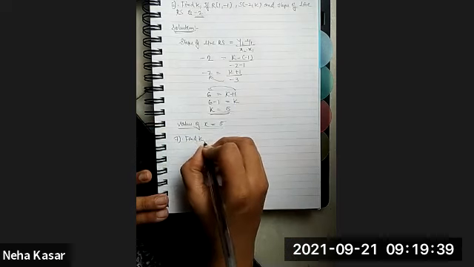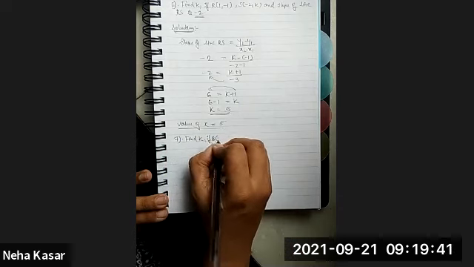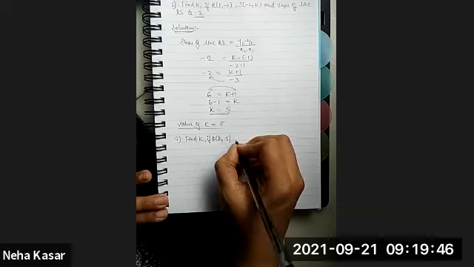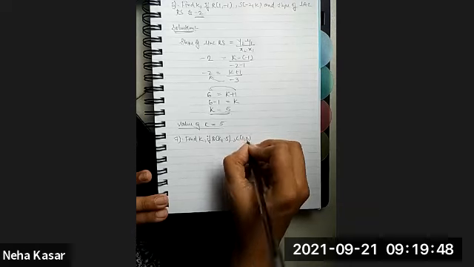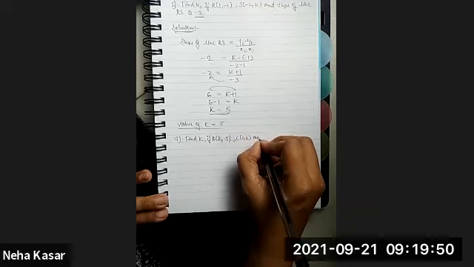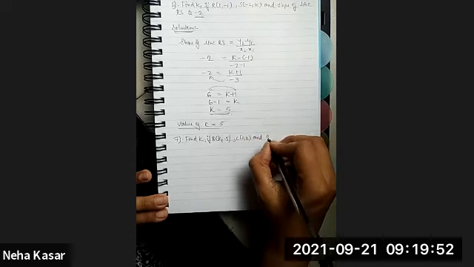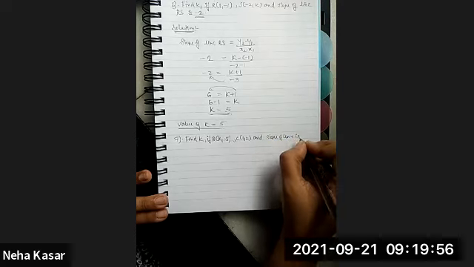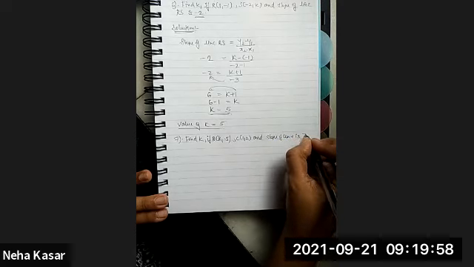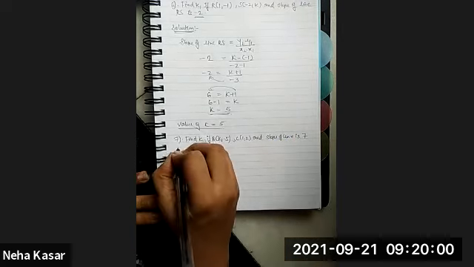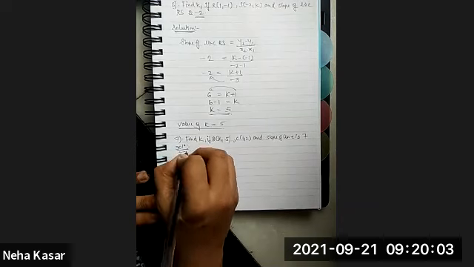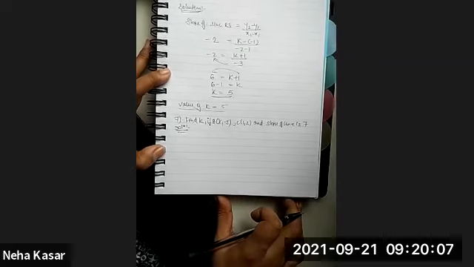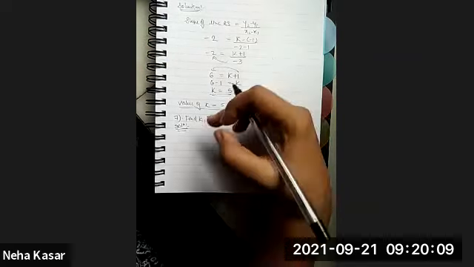Find k if B (k, -5), C (1, 2) and slope of line is 7. Okay, the slope of line is 7. So we can write the solution. ऐसे ही solve करना है इसको.